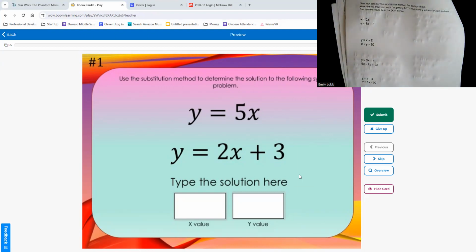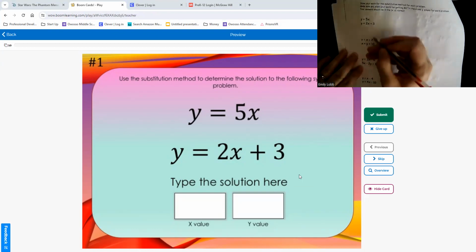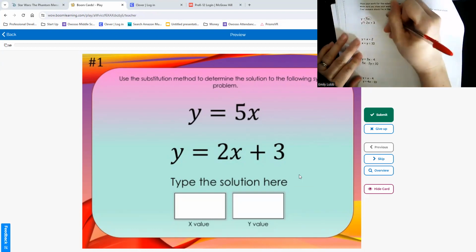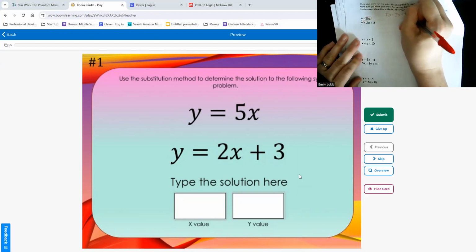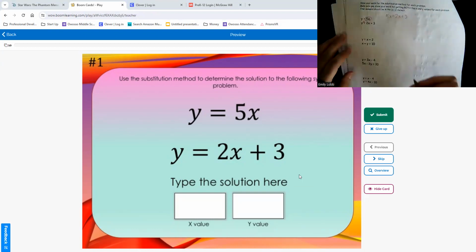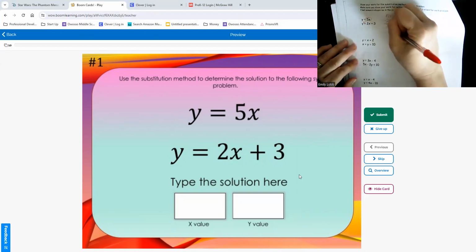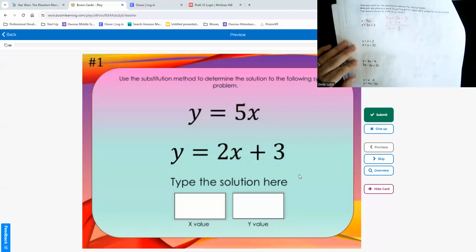So in place of your y, you have to put your 5x here. So you would rewrite this as 5x equals 2x plus 3, and then you'll solve for x. So I would get rid of my 2x from both sides. 3x equals 3.